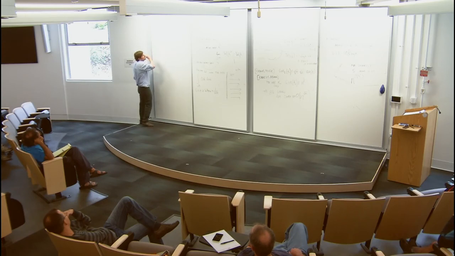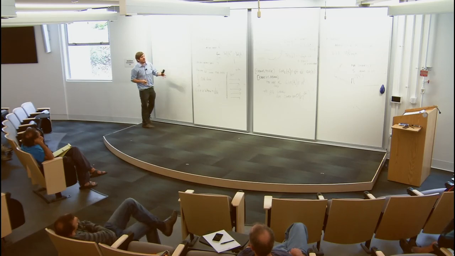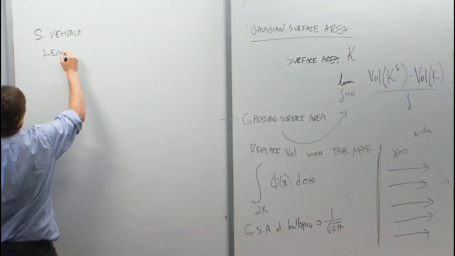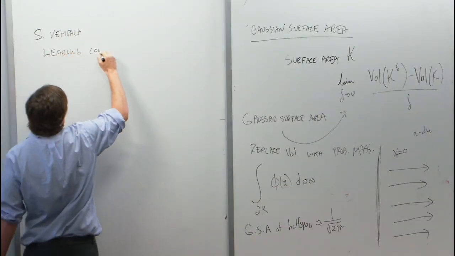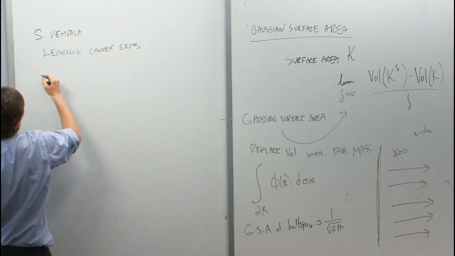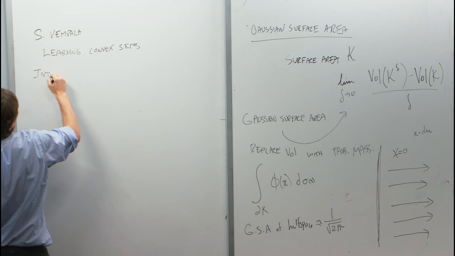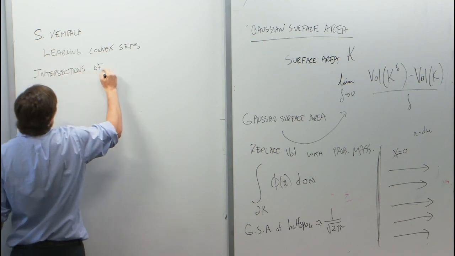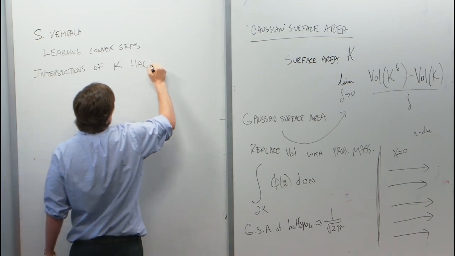Okay, so I wanted to combine all of these ideas with the result of Santosh for learning convex sets. Actually, I should say, intersections of K half spaces.